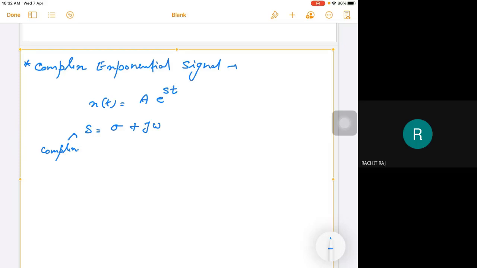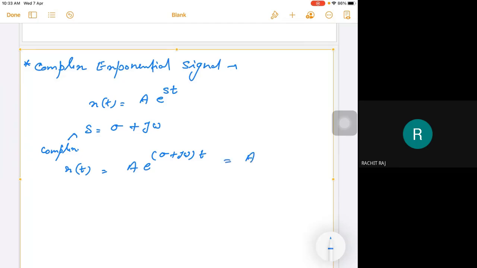Okay, so for this, if you want to draw the figure, s की value just put, so you will get x(t) equals A e to the power (sigma plus j omega)t.